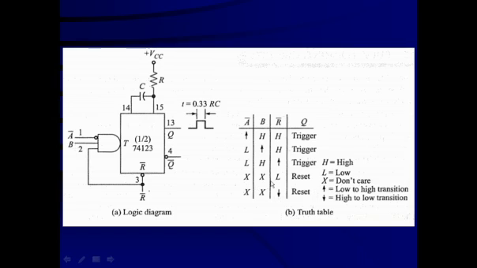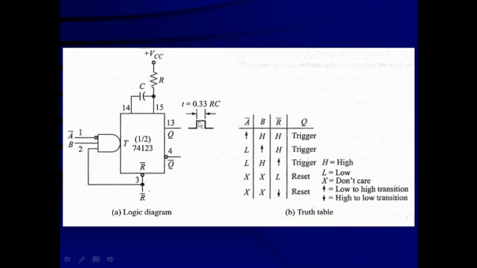For these two last entries, A bar can be anything and B can be anything. XX stands for don't care, whether low or high. But if R bar is low, or R bar is changing from high to low, that means this terminal is activated. You can see there is a bubble here. So the circuit is going to be reset immediately.